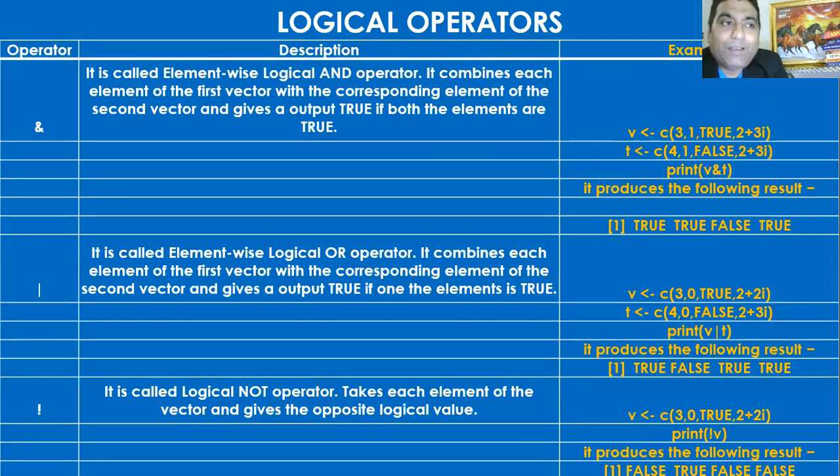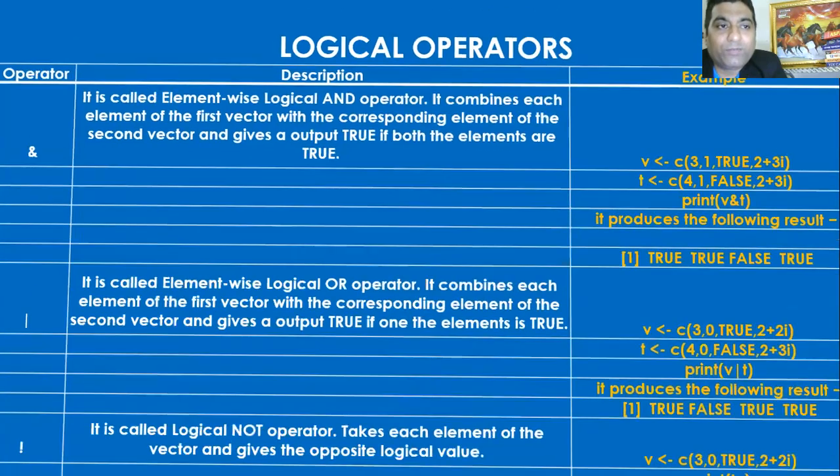If the left side of AND and the right side of AND are both true, then the value will be true. The next is the pipe sign, which is OR, used when either the left side of the pipe sign is true or the right side is true, then the statement will be executed. And this is NOT. So we check the NOT.